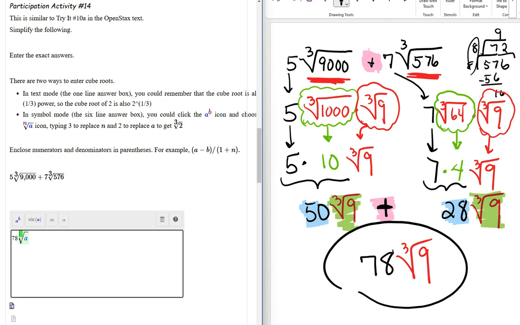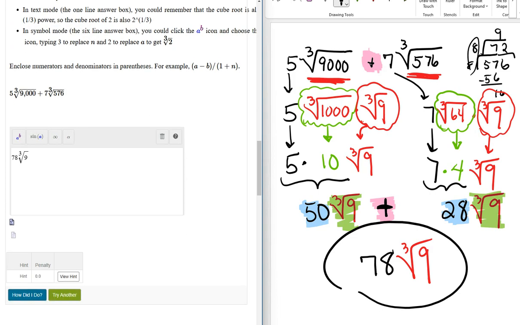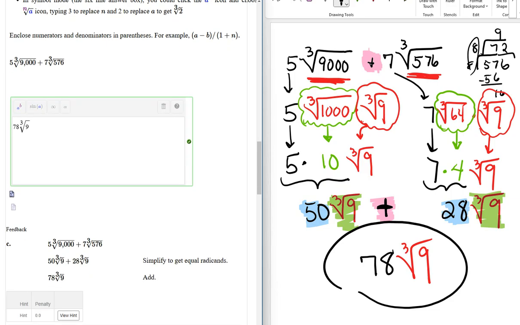You have to delete that n and type in the 3, and then scroll with your arrow buttons to the A and delete that and type in the 9. And that should work. And how did I do? Yay! There you go.